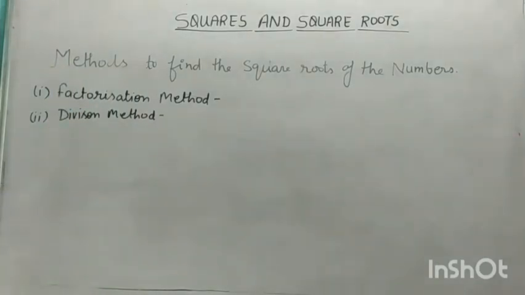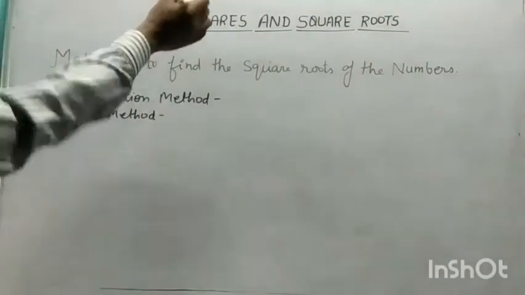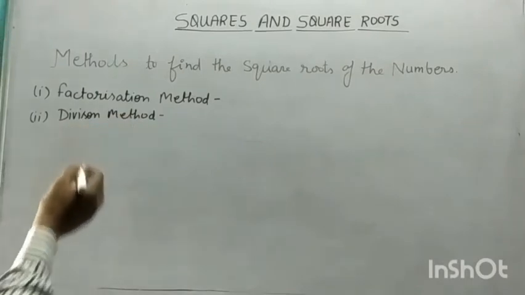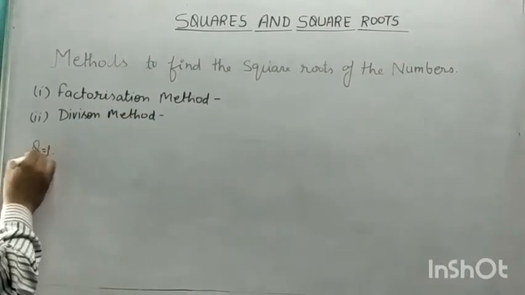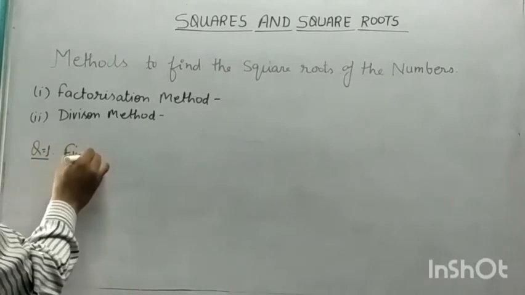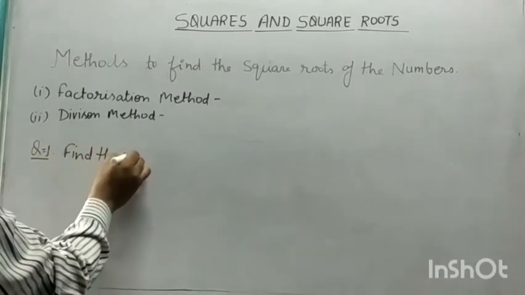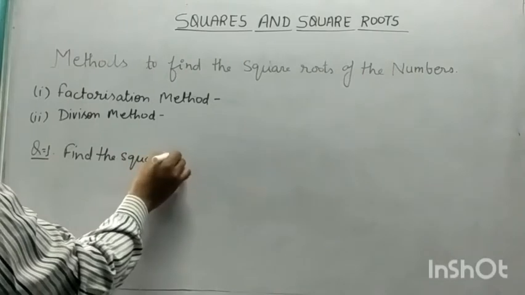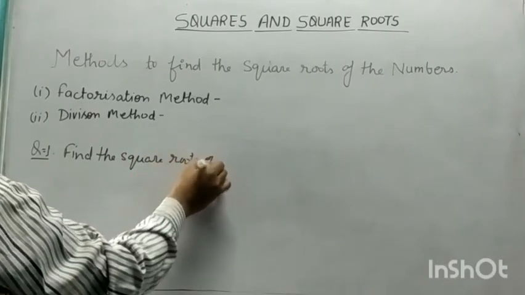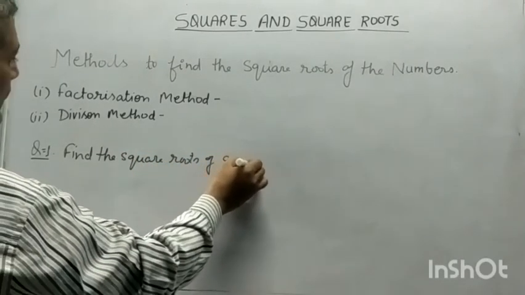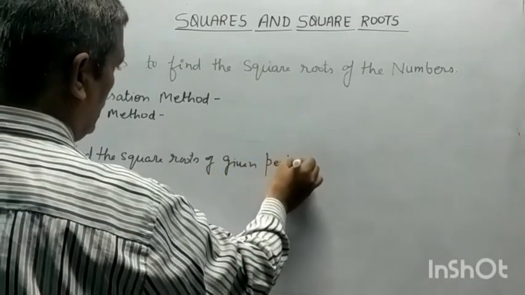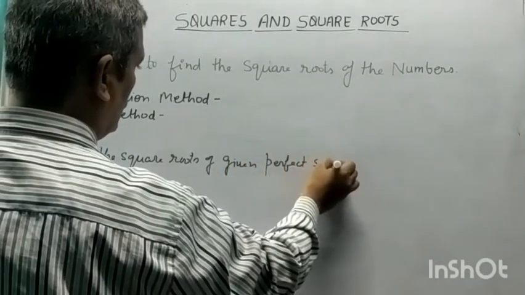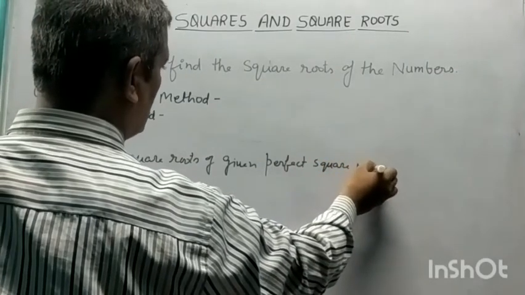First, I explain how to find the square roots of perfect square numbers. Find the square roots of given perfect square numbers.